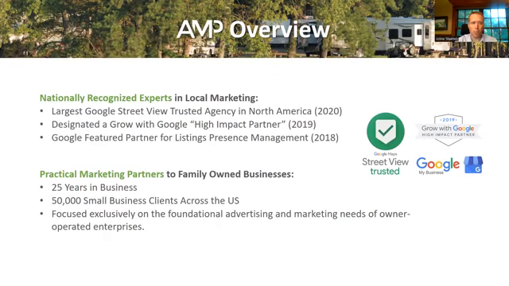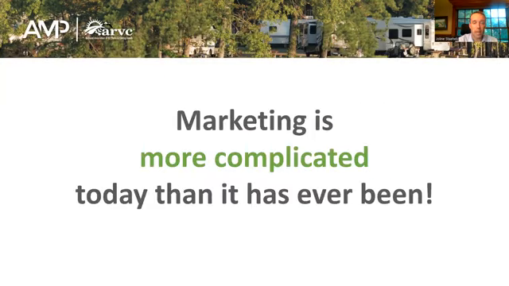And we were the largest Google Street View trusted agency in 2020 and also 2021, and we're on the path to do that again, we think, in 2022. So with my street credibility established, we'll jump into what you're here for today.